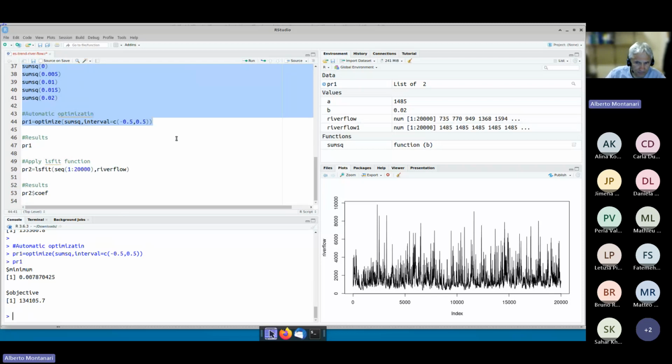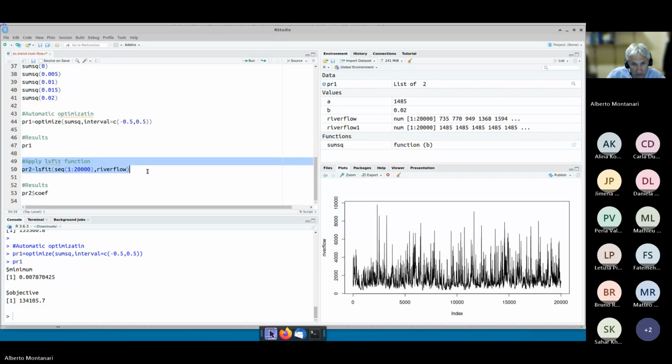Okay, good. Now, if I want to make the computation of both intercept and slope, before changing the objective function, let me make the computation of both intercept and slope.